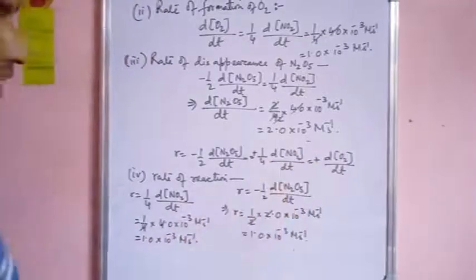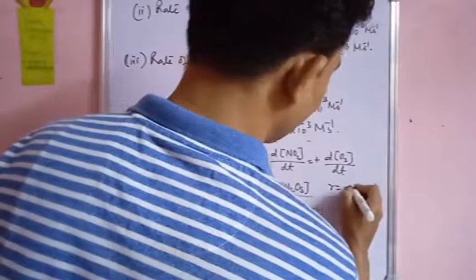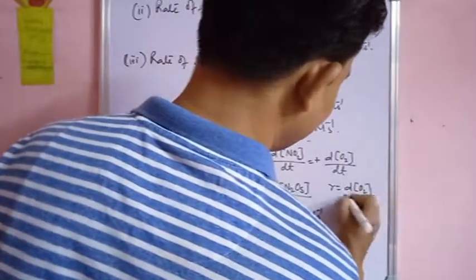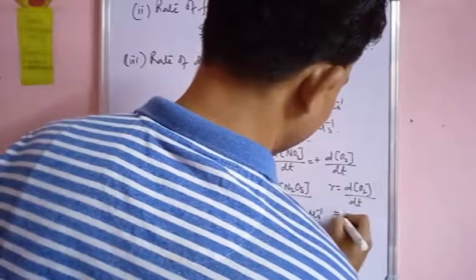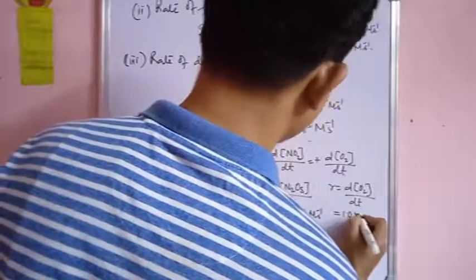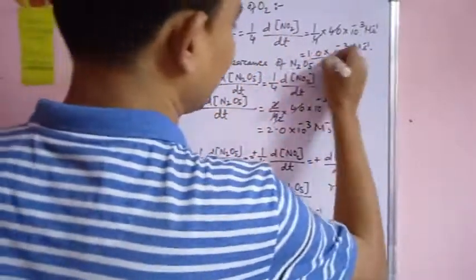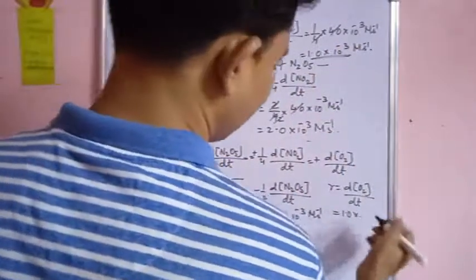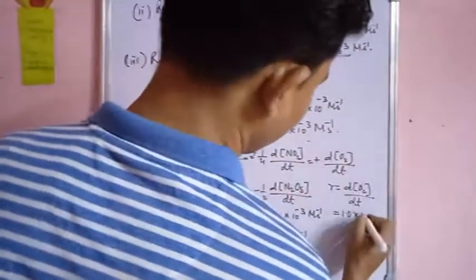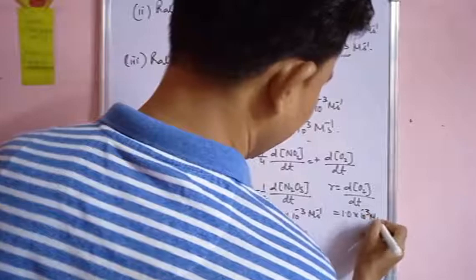We can also take r is equal to dO2/dt. What was the answer for dO2/dt? That is equal to 1.0 into 10 to the power -3 amp per second.